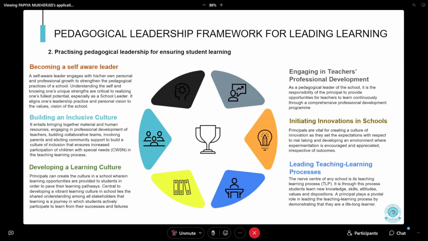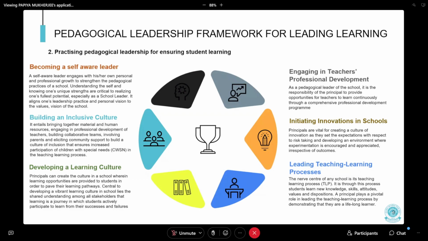Needless to say, teaching learning processes are the nerve center of any school. It is through teaching learning that whatever we intend to do, enhance student learning, experiential learning, use innovative technology, the core of all this is the teaching learning process.